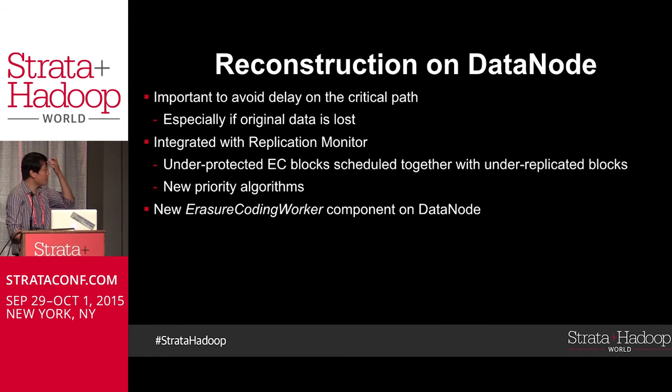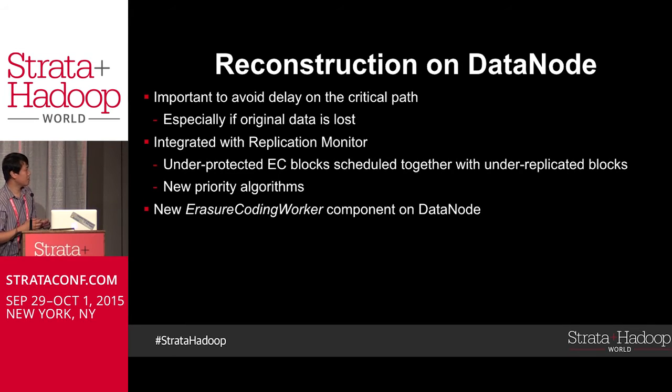Our data node reconstruction process is integrated with the replication monitor on the HDFS name node. Currently, the HDFS name node runs a replication monitor to periodically scan all the stored blocks and discover under-replicated blocks. We basically extend this logic to also handle under-protected erasure coding blocks.